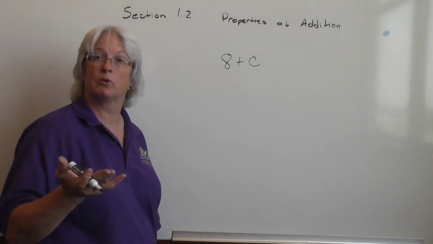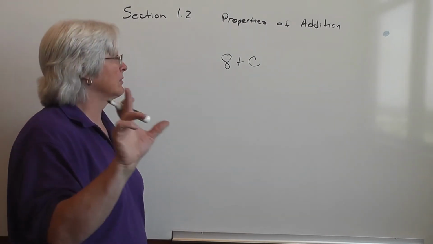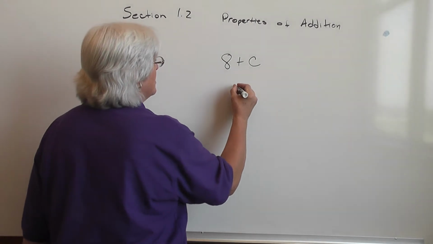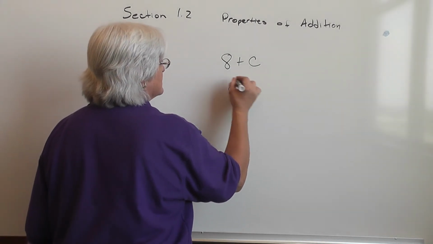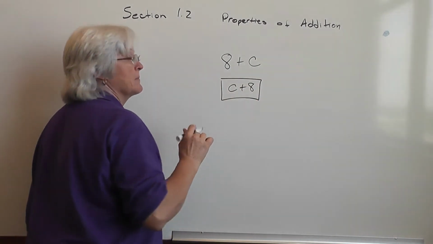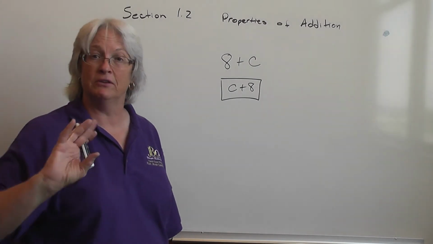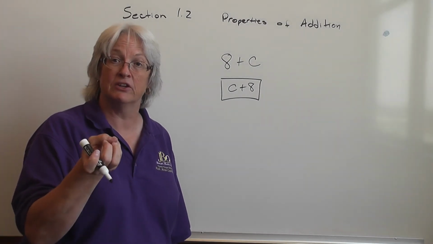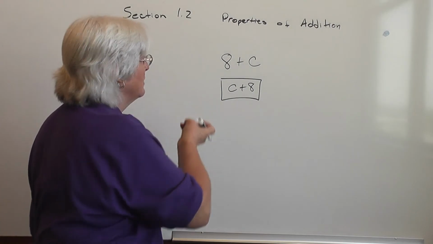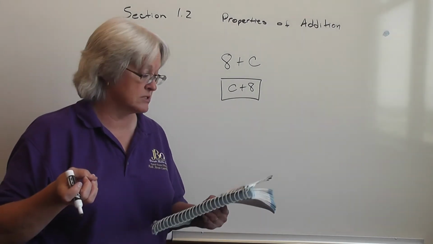Well, what's a commutative property? Doesn't matter what order. 8 plus C, your answer would be C plus 8. It's really important that you're able to do this because you're taking the English and demonstrating that you know what the English means.